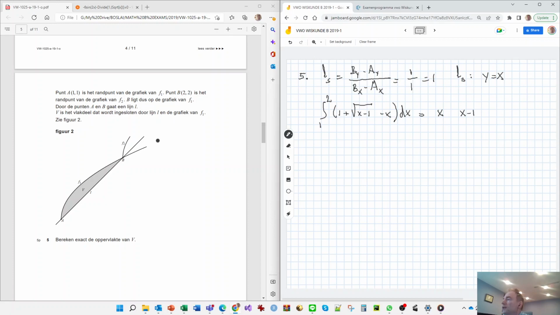This is a power 1/2, so I add 1 to the power, gets 3 over 2. But since if I differentiate it, I get this factor 3 over 2, which I need to compensate for. So it's 2/3. And here I get minus 1/2 x squared, between 2 and 1.